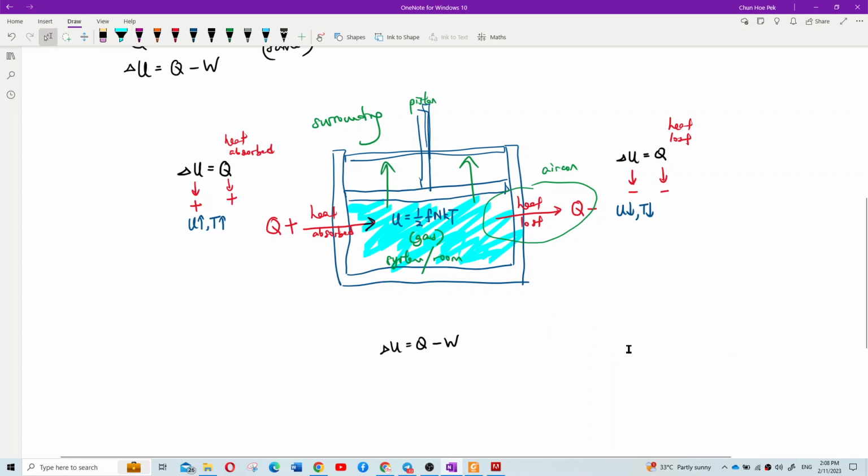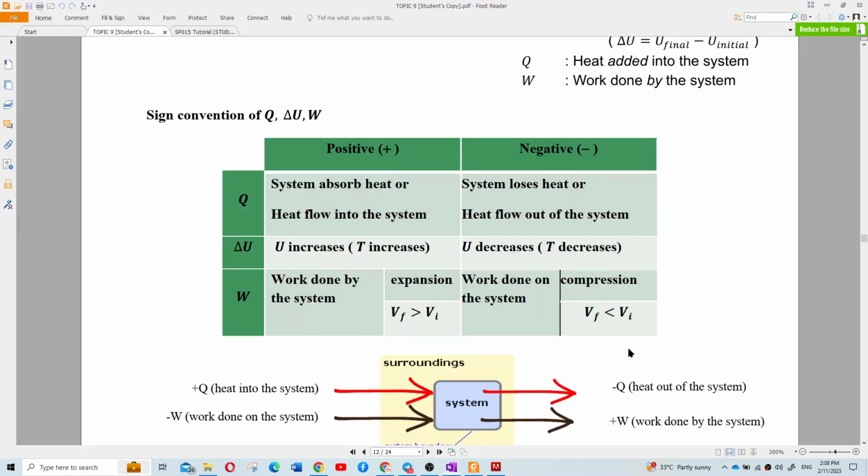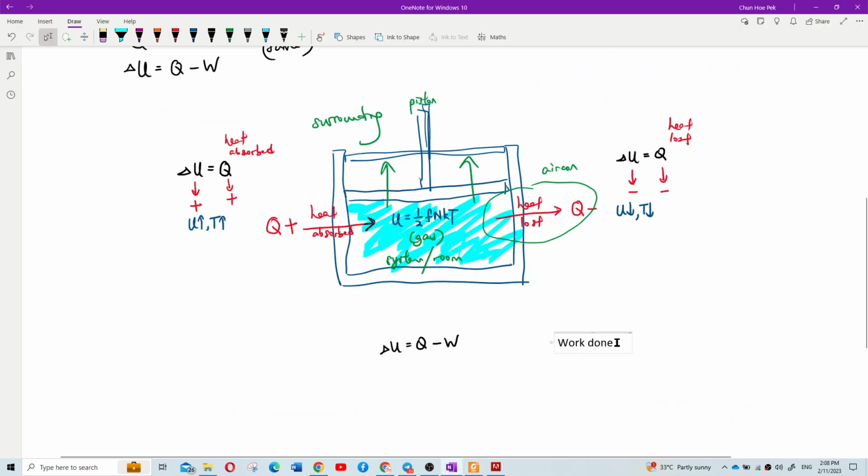Okay, work done. You surely do not understand what is work done by the system and work done on the system, right or not? Let me explain. I write it down first.